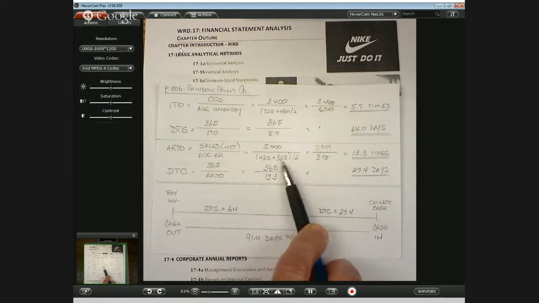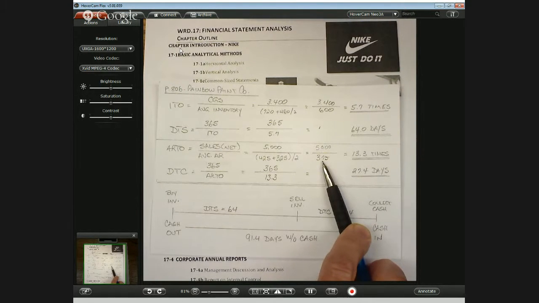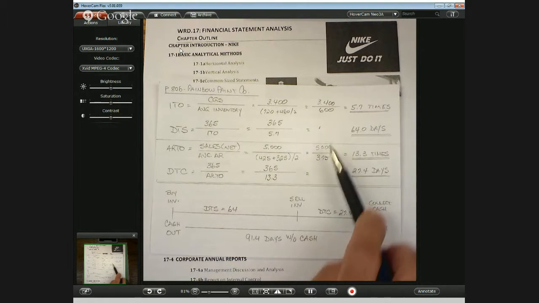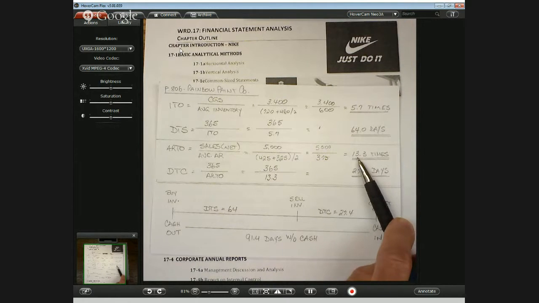When you divide that sum by 2, you get the average accounts receivable of $375,000. Comparing sales to the average accounts receivable balance, that means that there would be $13.30 in sales for every $1 held on the balance sheet, or sales would be 13.3 times the size of accounts receivable.